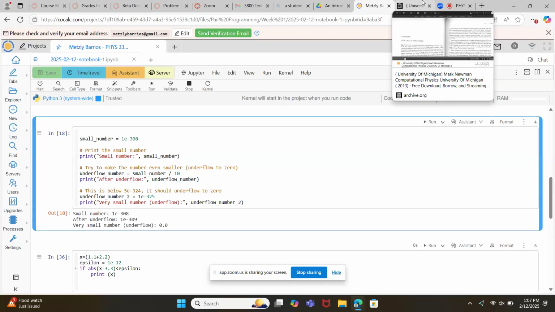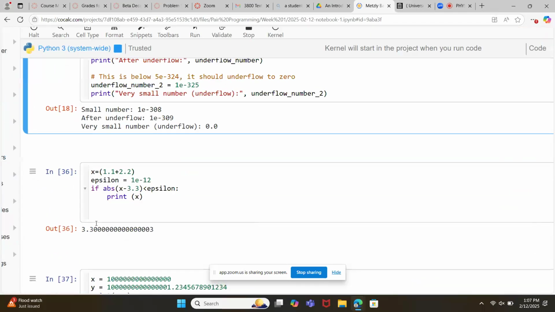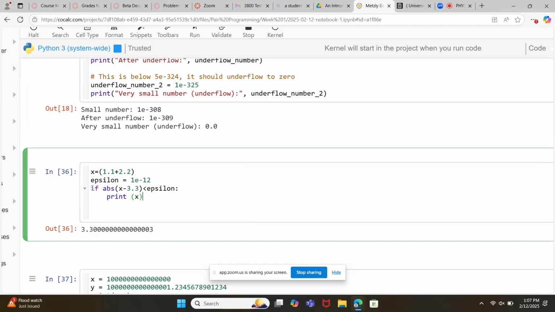Can you walk us through this? Okay, so let's look at this section right here, and just remember our scientific notation. This is the true value of pi. Pi goes on forever. And then here's the value that's stored in Python.